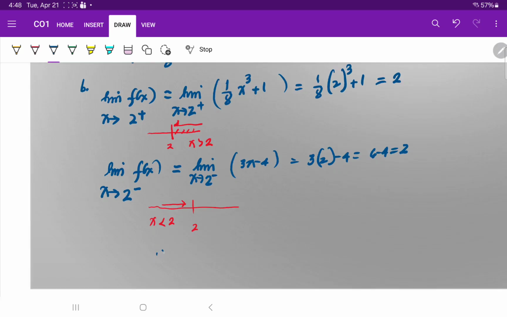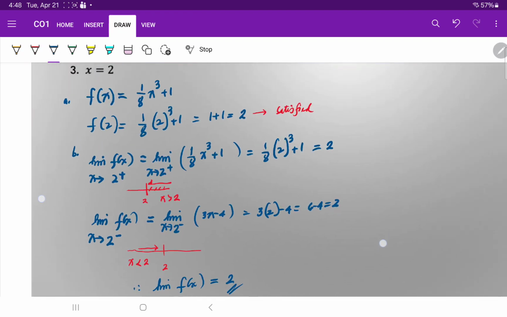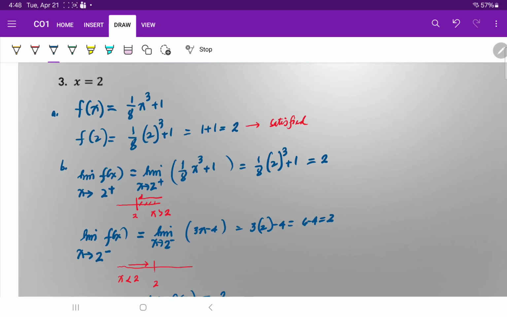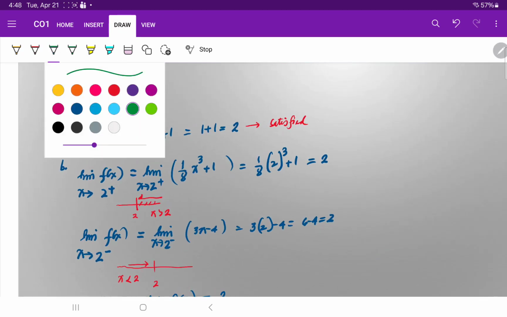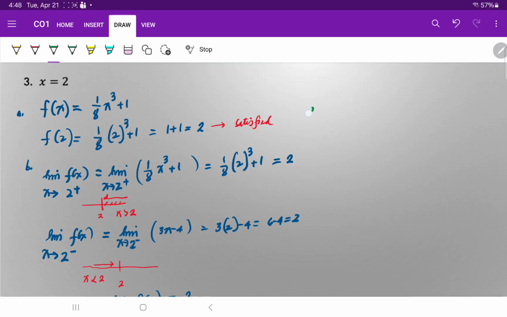Since the right and left limit are equal, we conclude that the limit of f of x as x approaches 2 exists and is equal to 2. So the two-sided limit exists. So what's letter C? We need to show that f of 2 must be equal to the limit of f of x as x approaches 2.